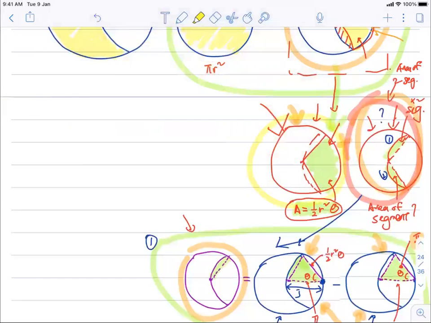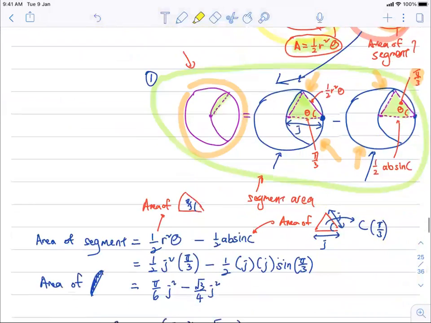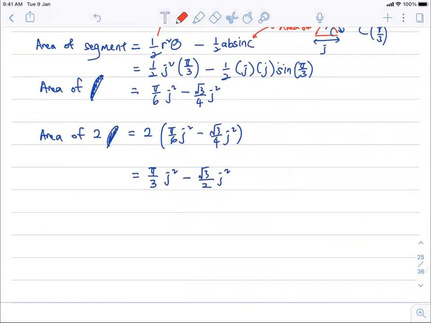To find the area of this guy, it is a slice of the circle. So use back A equal to half r squared theta. So the area of this one, a slice of the circle, is equal to half r squared theta.